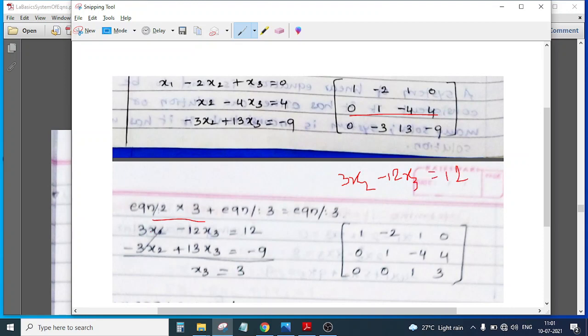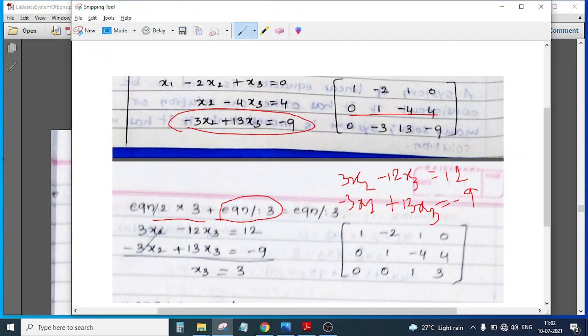Then this they have added to equation 3. What is our equation 3? Here is our equation 3, which is nothing but minus 3x2 plus 13x3, and this is equal to minus 9.